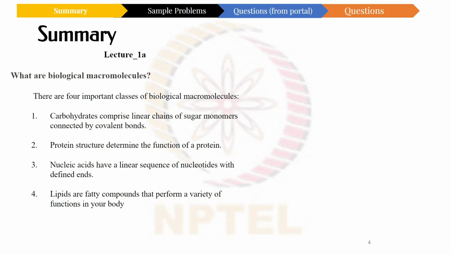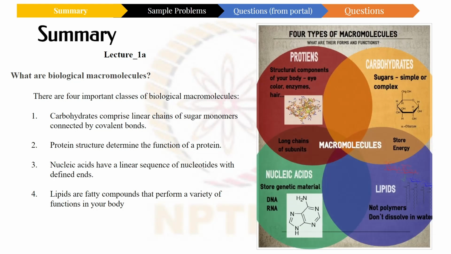We have some types of biological macromolecules. Four main types are proteins, carbohydrates, lipids, and nucleic acids. Proteins are fundamental macromolecules with diverse roles in cellular processes. They are composed of amino acid chains which fold into specific three-dimensional shapes.